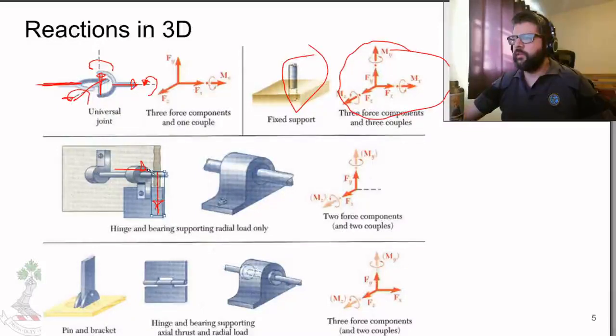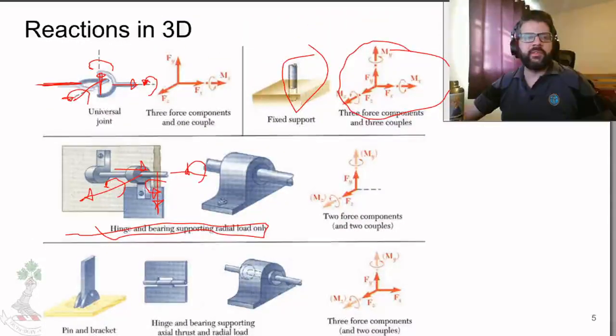It's still going to resist lateral movement out of the page here, and it is going to allow free rotation about this axis, but it's not going to allow any free rotation about this axis or this axis. So we could have bearings that do that.